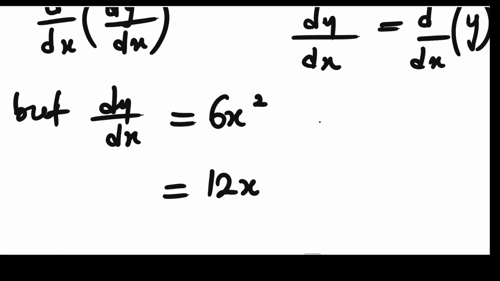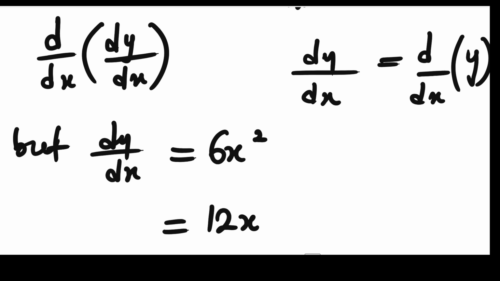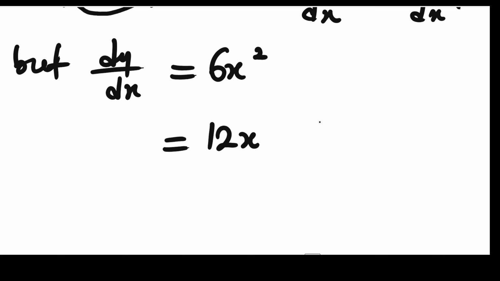because when you have d/dx of dy/dx, this d will multiply the d over here, and we are going to get d squared. And we are differentiating the dy/dx with respect to x again. So it means you are going to work on the x squared. So this x will multiply this x. So that will give us the x squared.